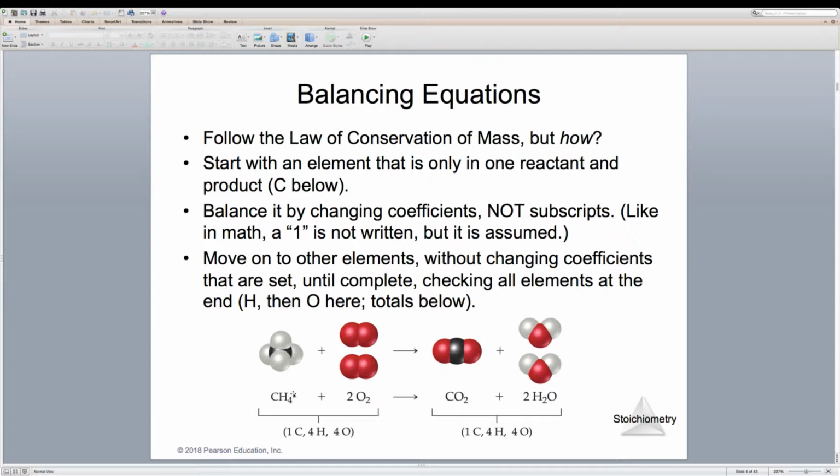So what we see here is the combustion reaction involving methane and oxygen to produce carbon dioxide and water, which are always the products of a combustion of a hydrocarbon or a carbohydrate. So we see here 2 times 2 is 4, and we have 2 oxygens here and 2 oxygens here, because this coefficient in the front is always multiplied by the subscript, or multiplied by 1 if there is no subscript.